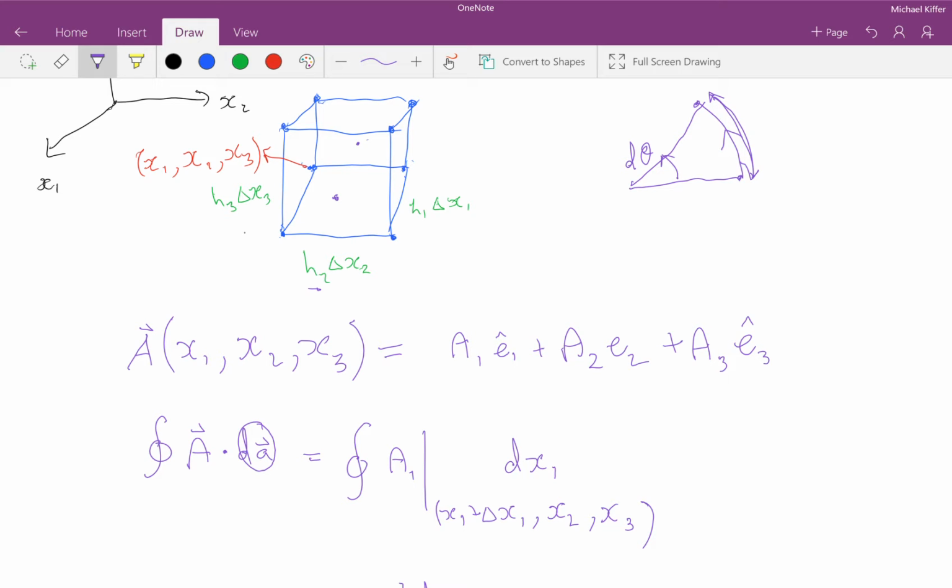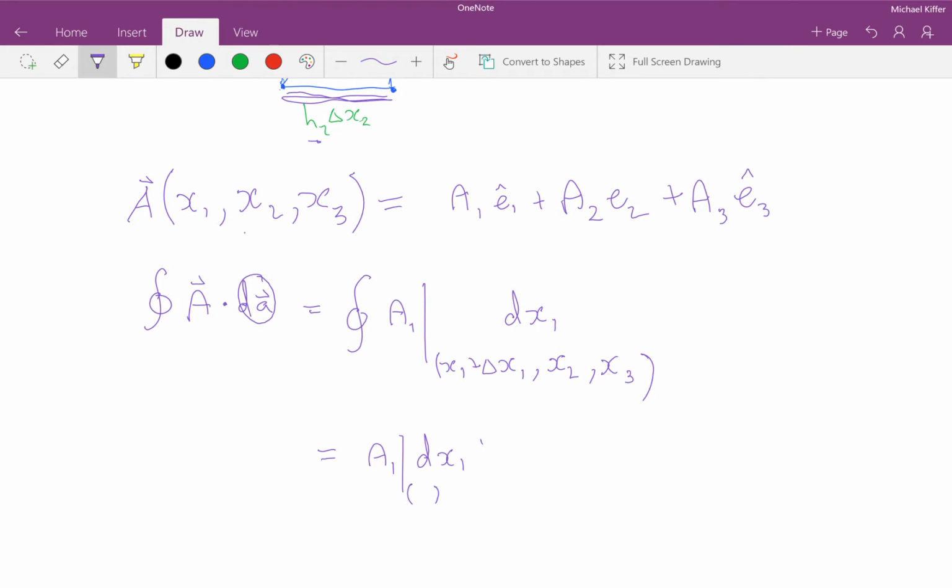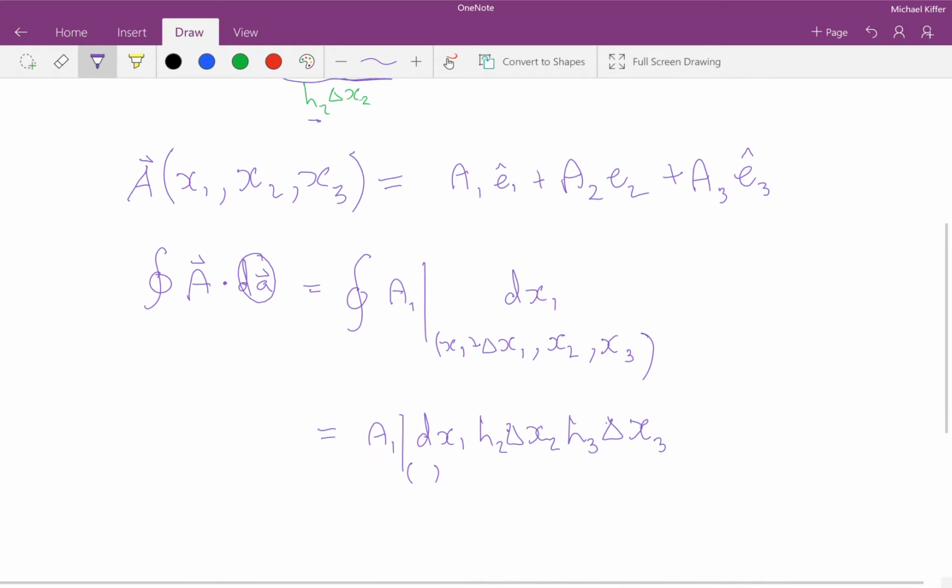So the area of that face is going to be h2 delta x2 multiplied by h3 delta x3. Now we need those h's there to make sure that we have the actual distance that we're traveling across the face of the square.